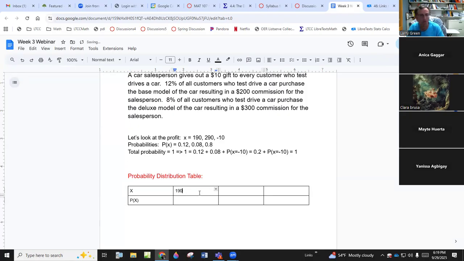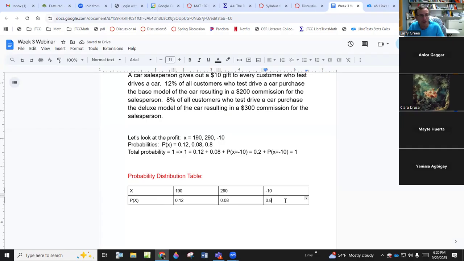So I'm just going to write down the x's: 190, and then 290, and then negative 10. And then I'm going to write the probabilities, which is 0.12, and then 0.08, and then 0.8.